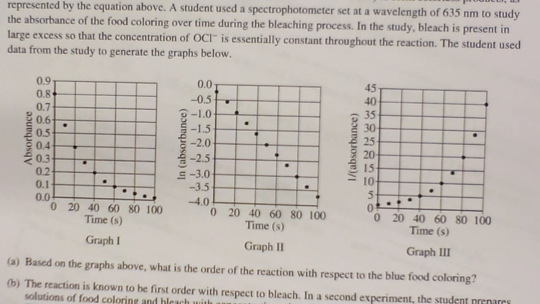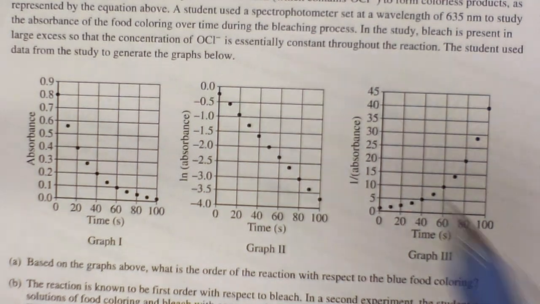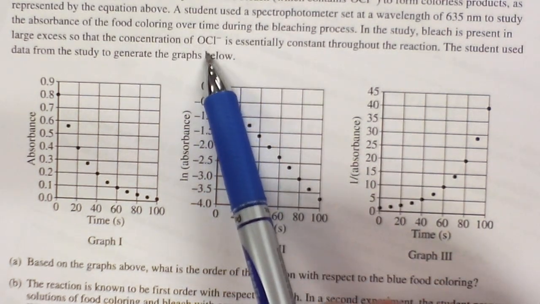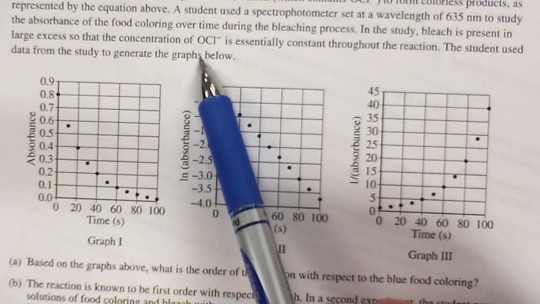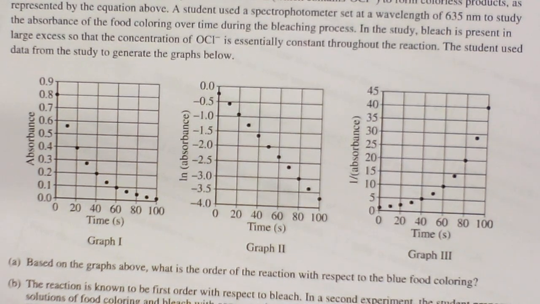Okay, the reaction is known to be first order with respect to bleach, but that's not what the question was asking. It was asking with respect to the blue food coloring, just so we're clear. In the second experiment, the student prepares solutions of food coloring and bleach with concentrations that differ from those in the first experiment.